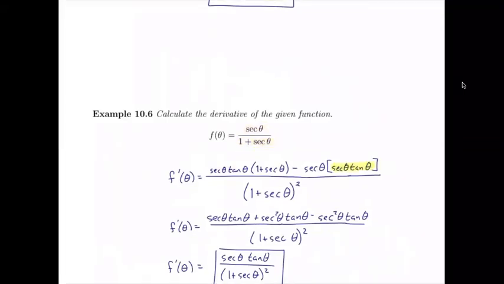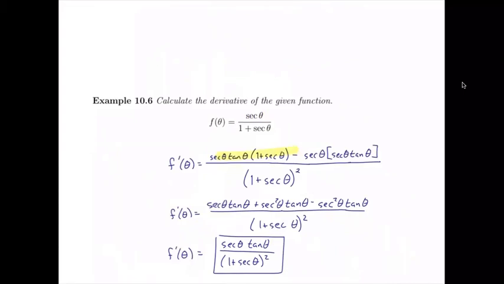So here we have 0 plus secant theta tangent theta, which is just secant theta tangent theta. All right, now let's simplify this algebra. We've got to multiply this term by each of these two, and then we'll multiply this term by this term. All over the bottom squared, of course, 1 plus secant theta quantity squared.